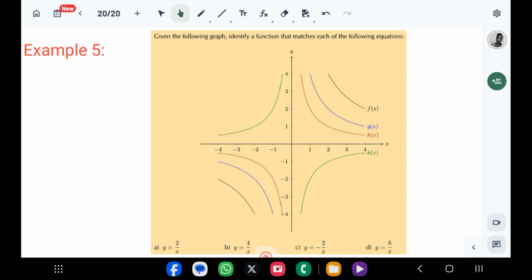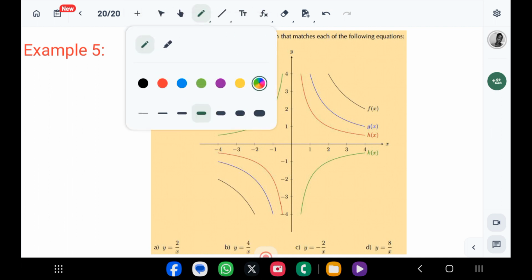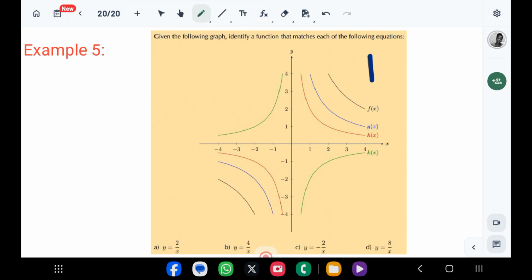Now the last question says, given the following graph, identify a function that matches each of the following equations. All right, we've got 1 on the negative side on quadrants 2 and 4. So let's mark the quadrants. That's 1, that's 2, that's 3, and that is 4.